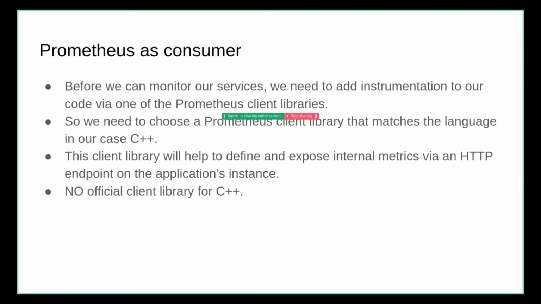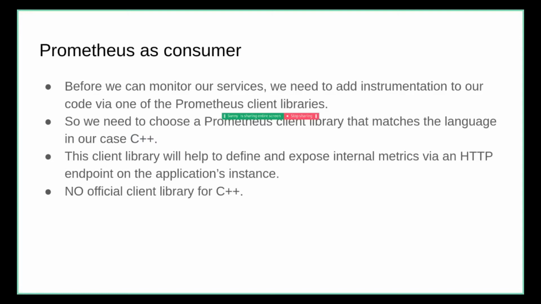Next, what do we need to do for whatever metrics we expose to be consumed by Prometheus? First, we need to add instrumentation to our code. Whatever metrics we want to expose, we need to instrument them, and we can do this via Prometheus client libraries.